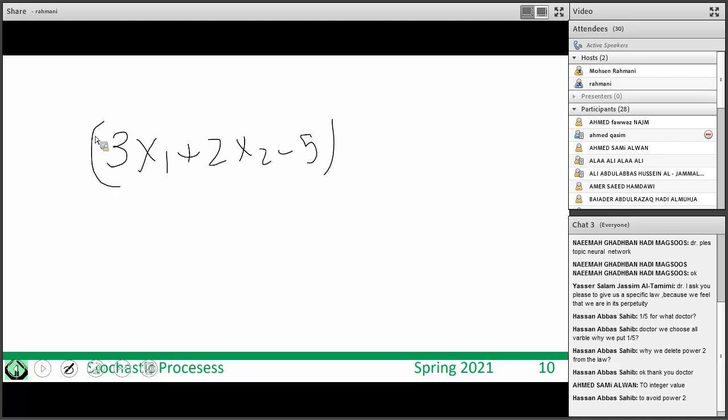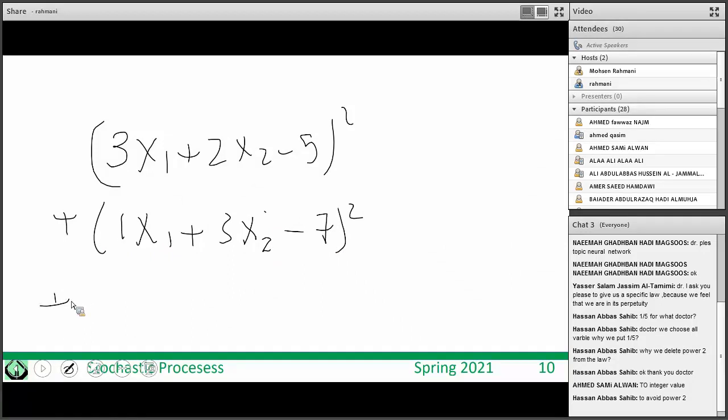For example, how do you minimize this? 3x1 plus 2x2 minus 5 plus 1x1 plus 3x2 minus 7 plus. How do you solve this? How do you minimize this?